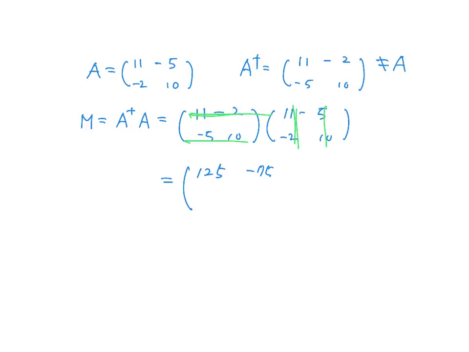Minus 55 minus 20 is again minus 75. And finally, 125. So is this matrix Hermitian or not? Hermitian, right?